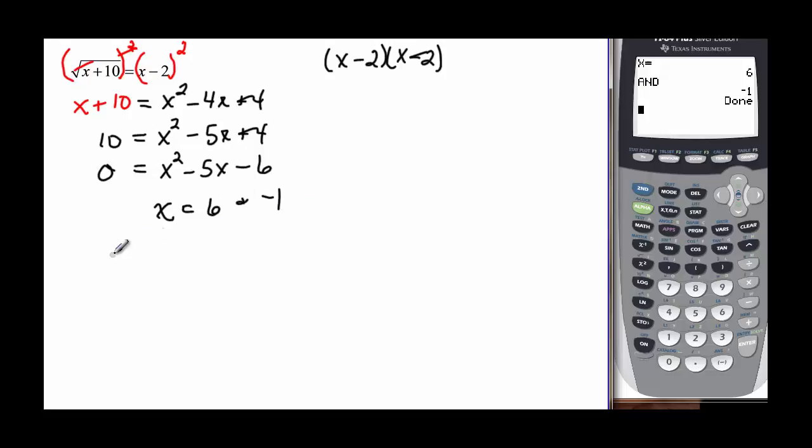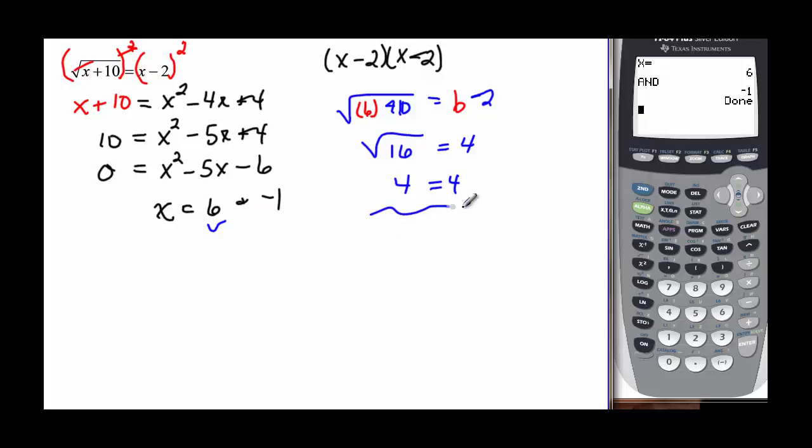So I'm going to say that the square root of 6, that's the first x I see, plus 10 should be equal to 6 minus 2. This is the square root of 16. And 6 minus 2 would be 4. And the square root of 16 is 4. So 6 works. And if I try and check the other one, I get the square root of negative 1, and then plus my 10.